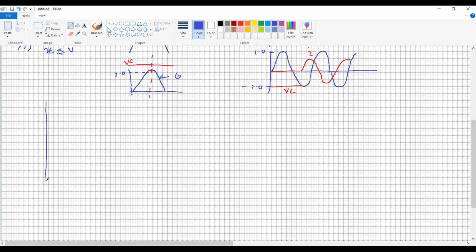Now, let us consider the condition of the capacitor being fully discharged and partially discharged. Two conditions we will consider. First is the fully discharged. So our basic voltage waveform for the system voltage.